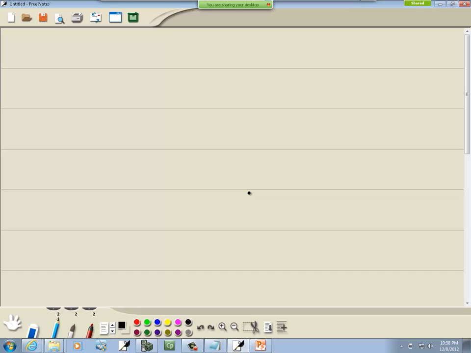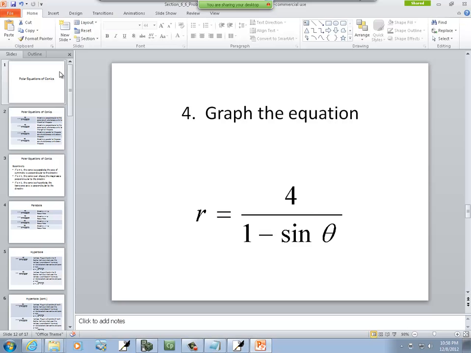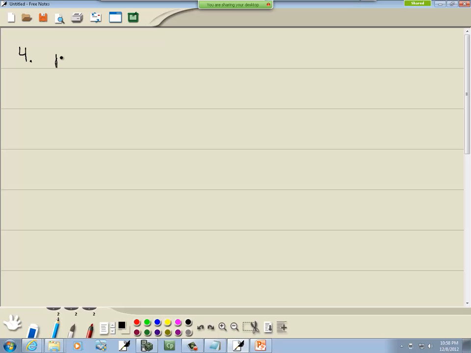And let's look at number 4. We've got r is equal to 4 over 1 minus sine theta. Well, we have a 1 here, which it has to be for our polar form of conic. That means that the number that's before my sine is 1. So e is equal to 1.